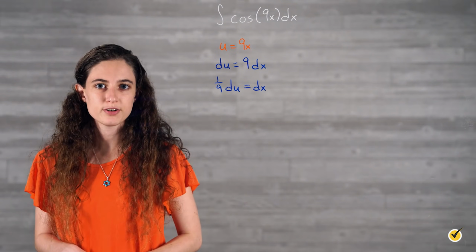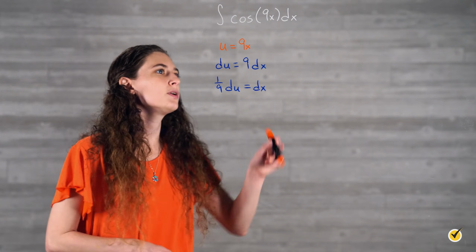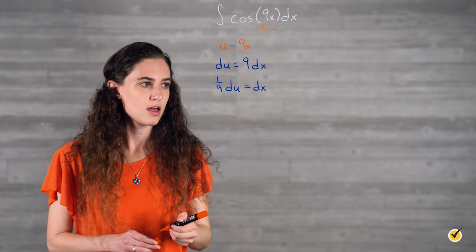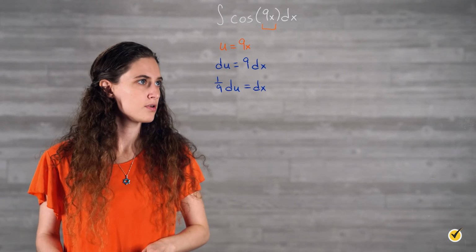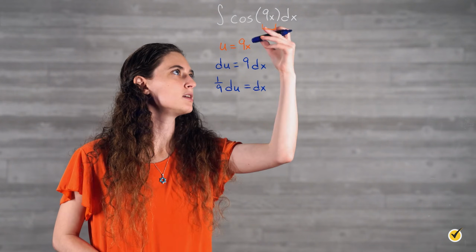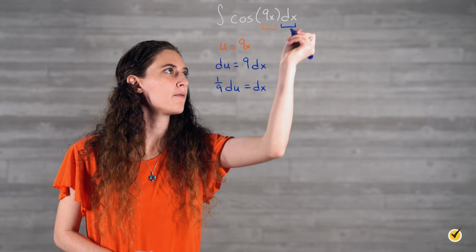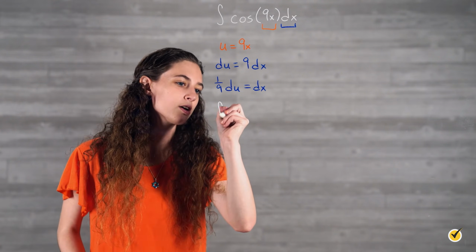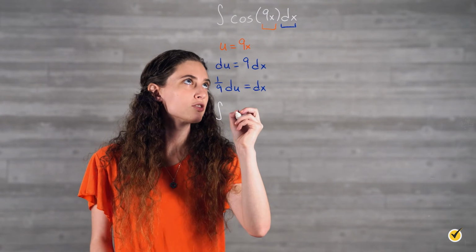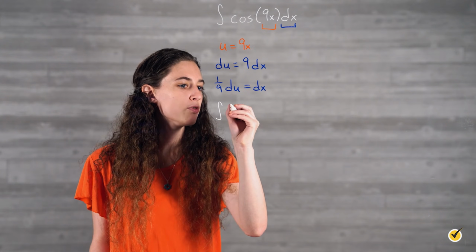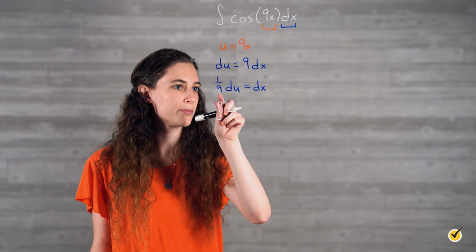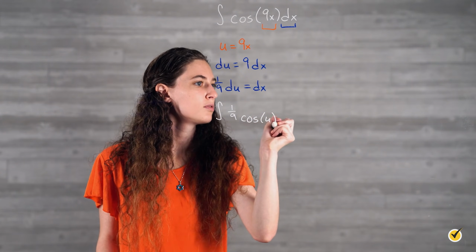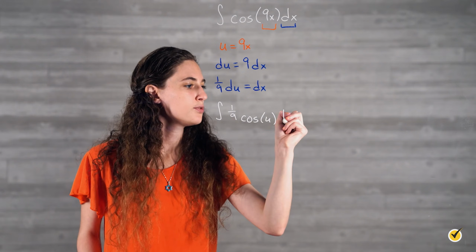Now let's work on rewriting our integral. So our u is 9x, which is this part right here, and our du, or our 1/9 du, is this part right here. So plugging that into our integral gives us the integral of 1/9, because remember it's 1/9 du, cosine of u du.